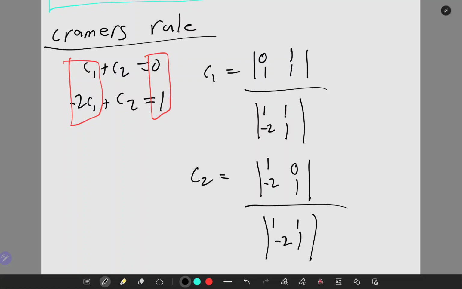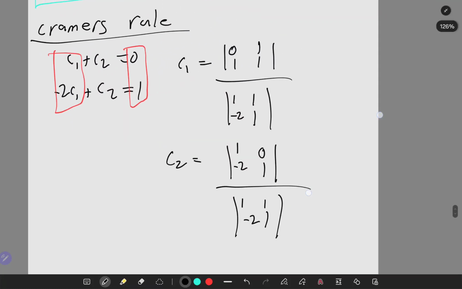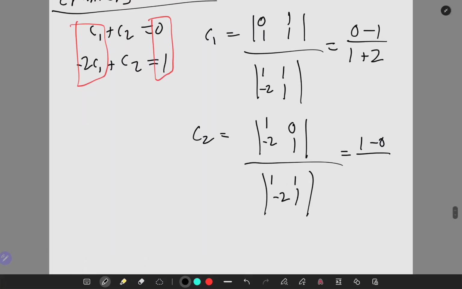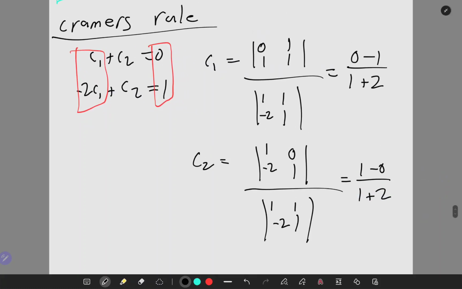And then from there, we just do our determinants. So this would be 0 minus 1 over 1 plus 2. This would be 1 minus 0 over 1 plus 2, right?